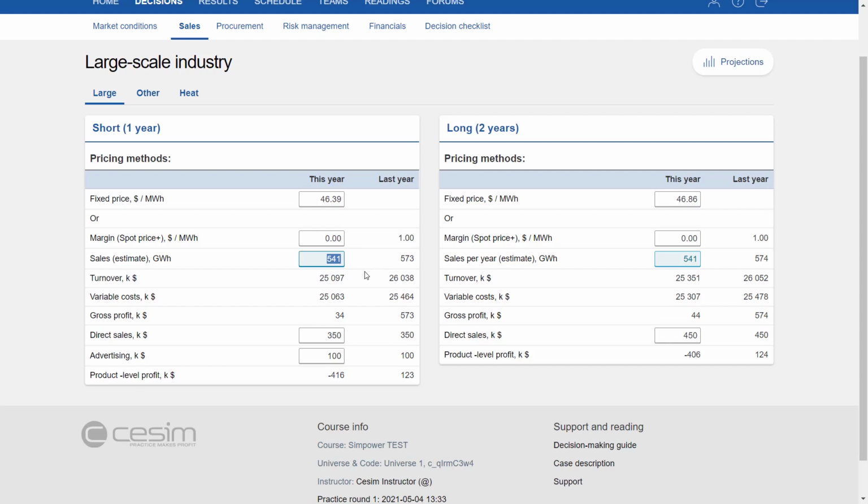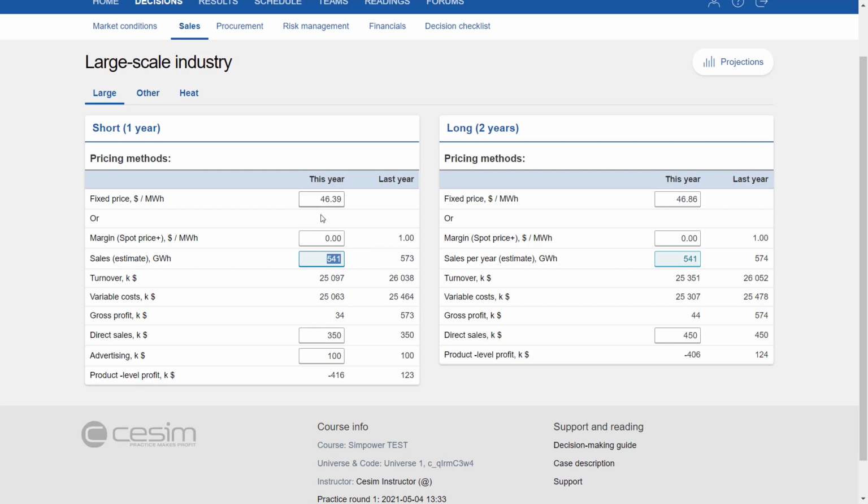Obviously this is just an estimation. We don't know exactly how much we are going to be selling, because that also depends on what the competitors are doing. So we are not competing against the computer, but we make decisions that influence our competitors, and vice versa. Whatever competitors are doing will influence ourselves.